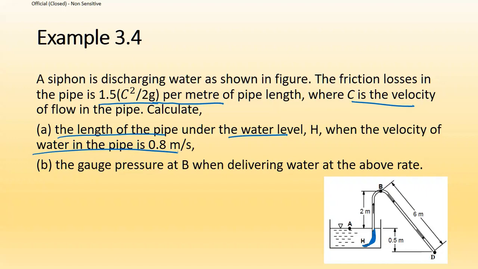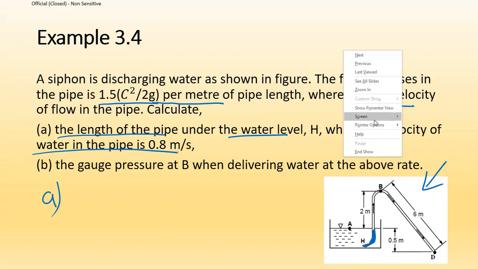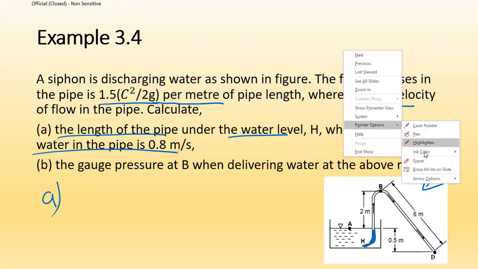So what we are going to do to solve for part A is to apply the Bernoulli equation. But as I say, when you apply the Bernoulli equation for this system, which is slightly more complicated, we need to choose the 2 points. Before I go into the solution, I'm going to give you some advice on choosing the points to apply the Bernoulli equation.